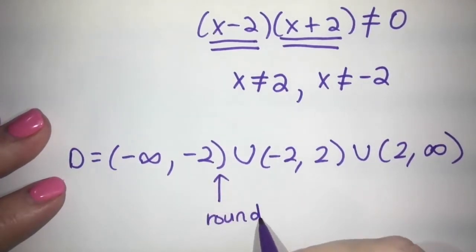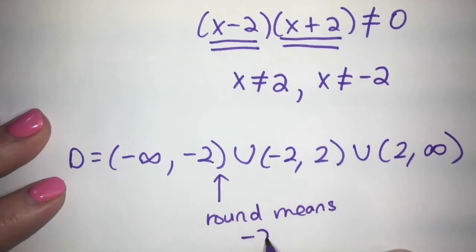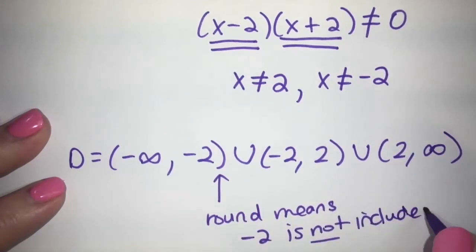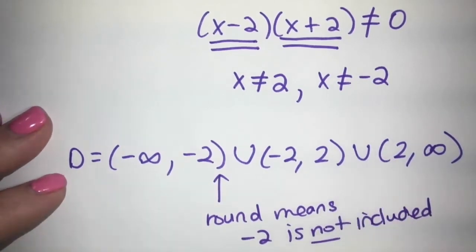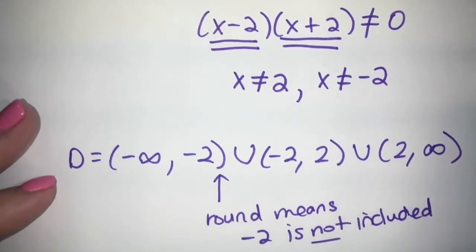If it was a square bracket, that would mean the negative 2 and the 2 were included. Infinity and negative infinity are not actually numbers, so we never put a square bracket around those. We put round brackets around both negative and positive infinity. And that would be our answer.